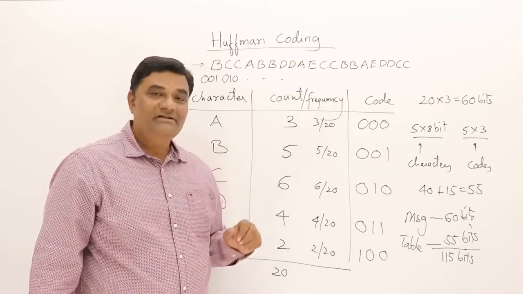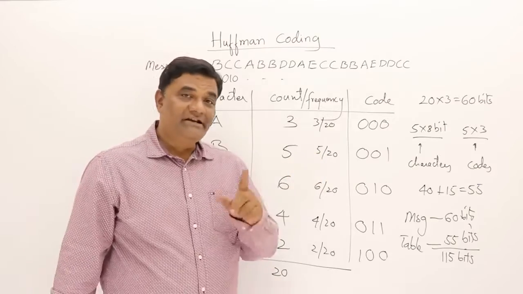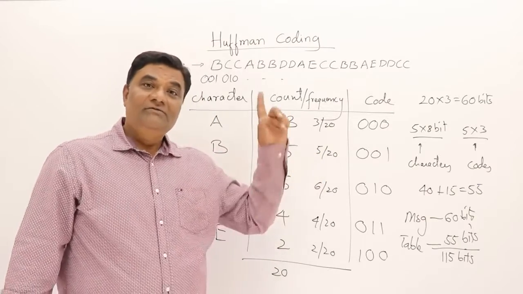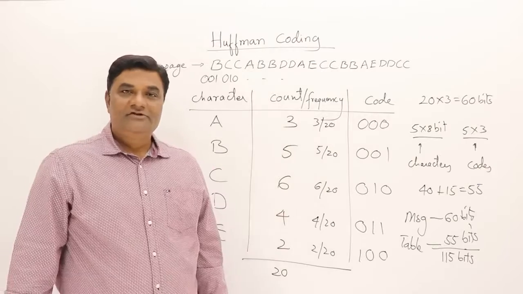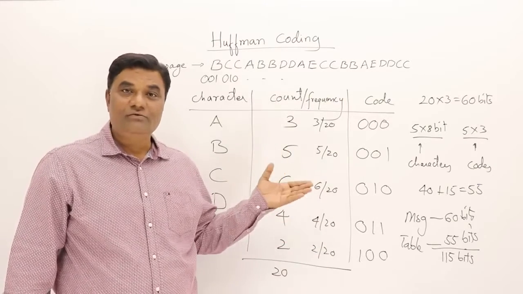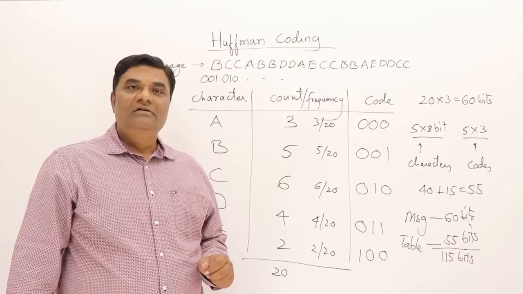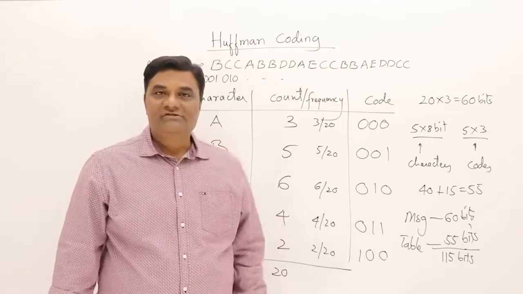It's not just 60 bits, it is 115 bits. No doubt the size of the message is reduced, but the table is also important. So it was 160, now it became 115. So around 35 to 40% reduction in size from 160 to 115. Right? So this is one method with fixed size codes.